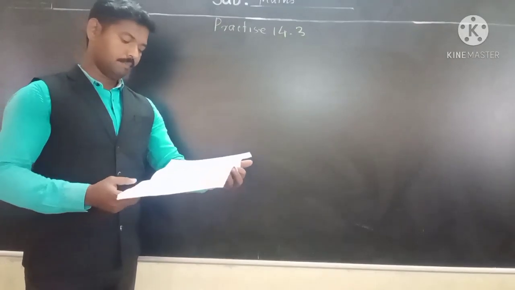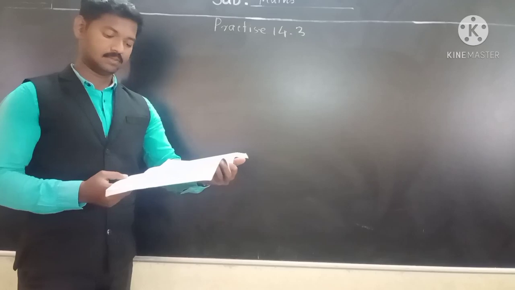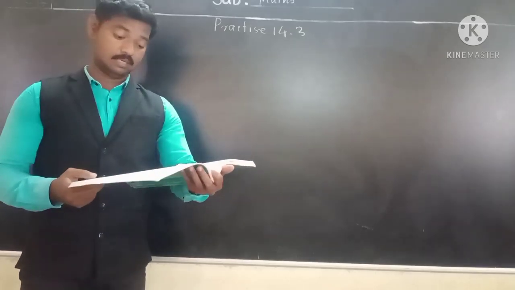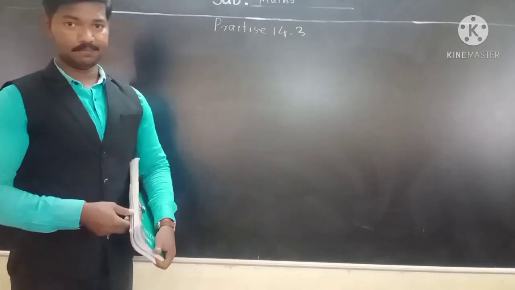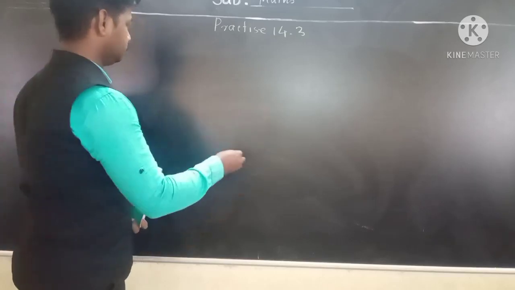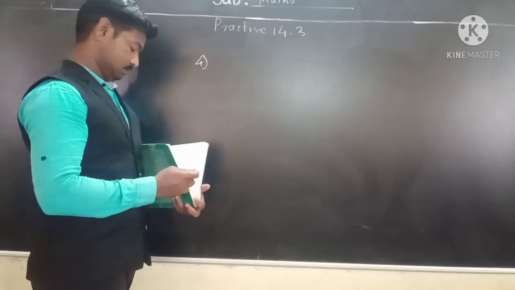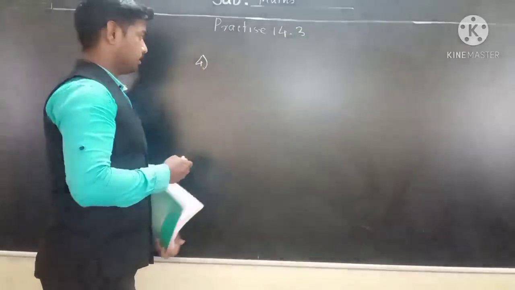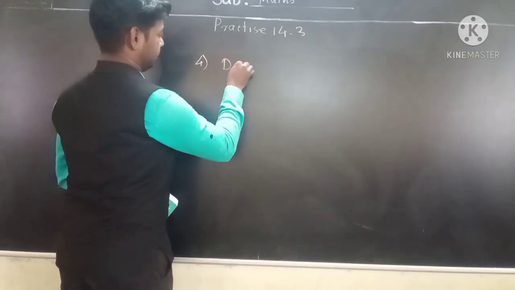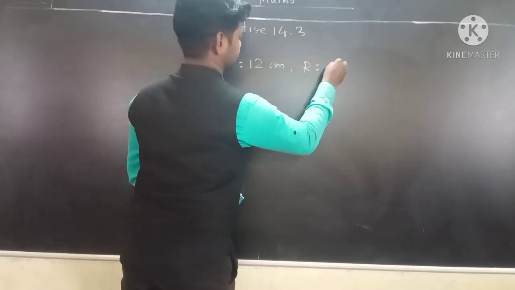Then number 4: make a point P in your notebook. Now with P as the center and diameter 12 centimeters, draw a circle. Now see here, diameter is given. So first we have to find the radius of the circle. We know the diameter, that is 12 centimeters. We have to find its radius.